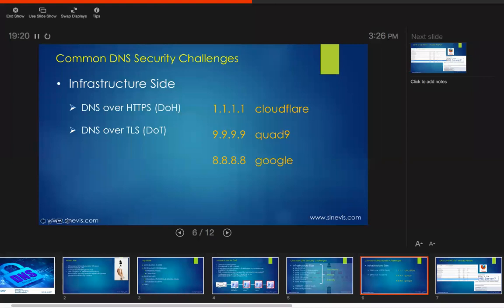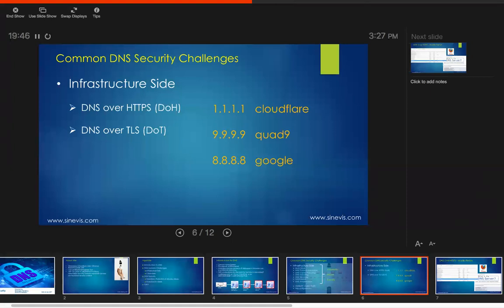Historically, till today, we are using the DNS protocol over UDP port 53 or TCP port 53. But now researchers and some organizations more concerned about security and privacy came up with DNS over HTTPS and DNS over TLS.